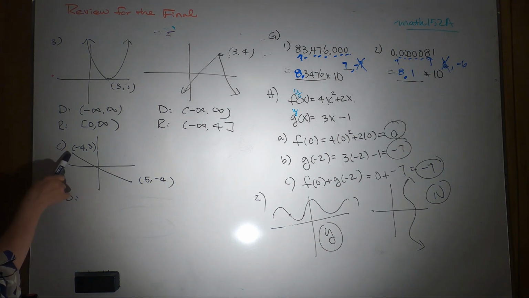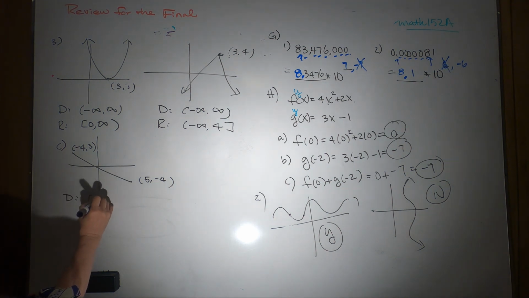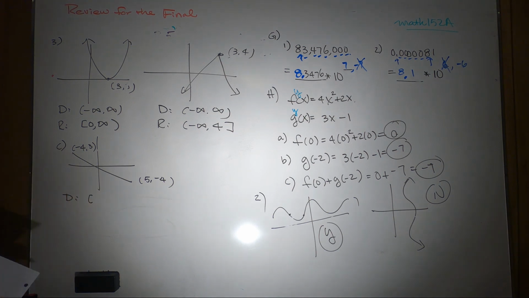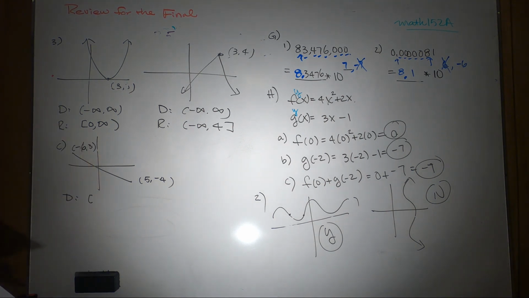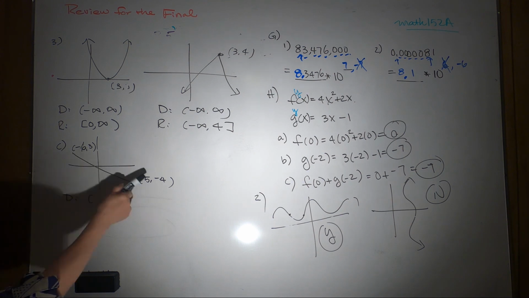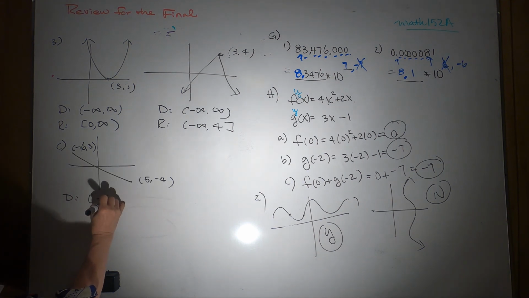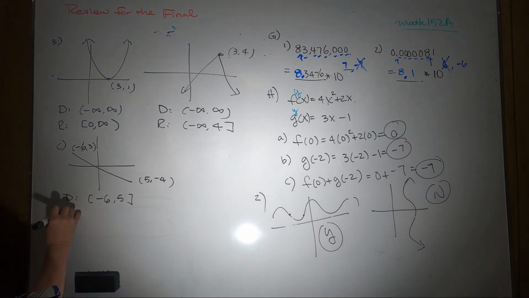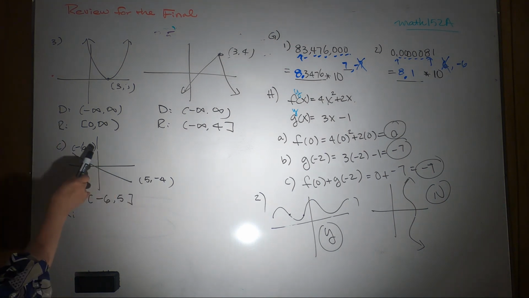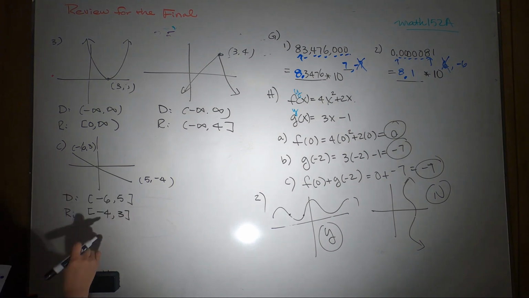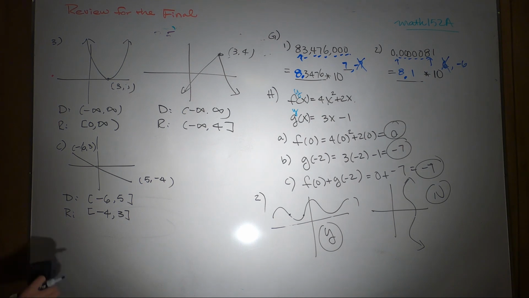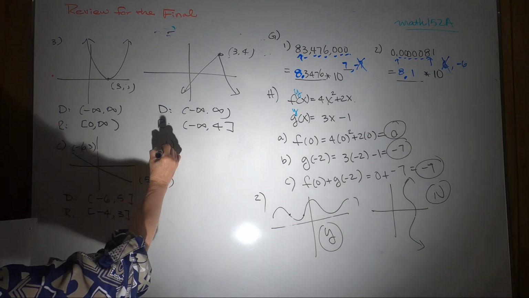Left and right from here to there, that's negative 6 and 3. So from negative 6 to 5, right? Your range will be up and down, negative 4 to 3. Always write it from the smaller number to the larger number.